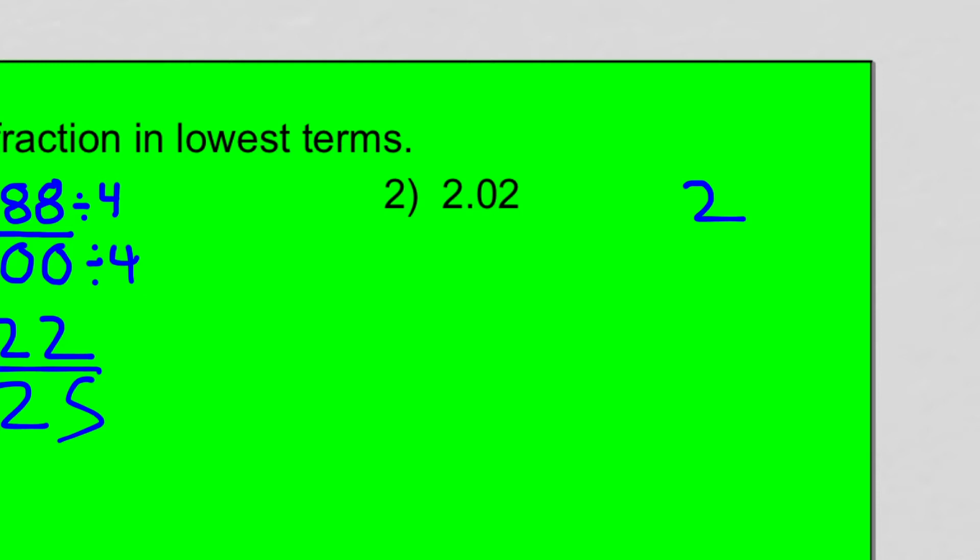That's going to be the numerator of the fraction. The whole number is 2, the digit that's in front of the decimal. And since there are 2 decimal spots, the denominator has 2 zeros and a 1 in front. 2 and 2/100.